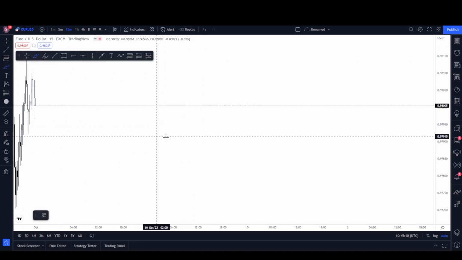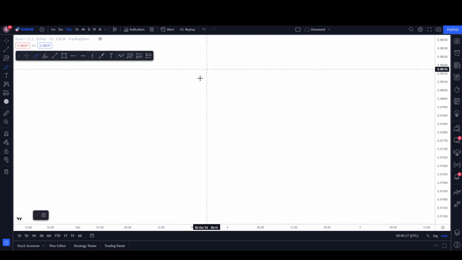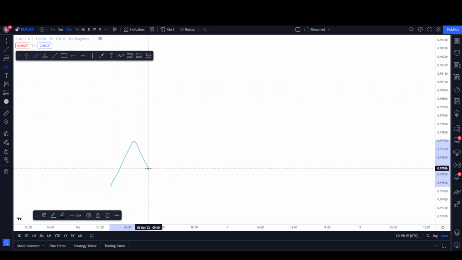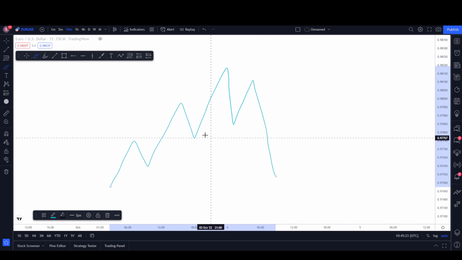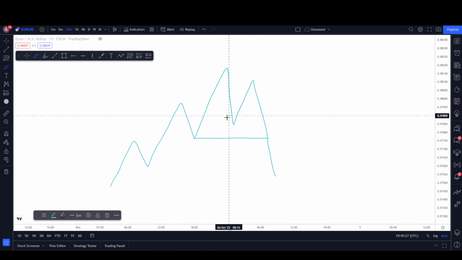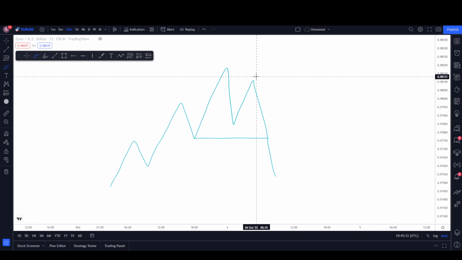Super simple stuff. And now we're going to get onto the failed structure point. So let me just get rid of this. Essentially, let's say we're trending bullish, and price fails to create a higher high and breaks to the downside. So this is a failed higher low. This should have been the higher low to cause a new higher high.